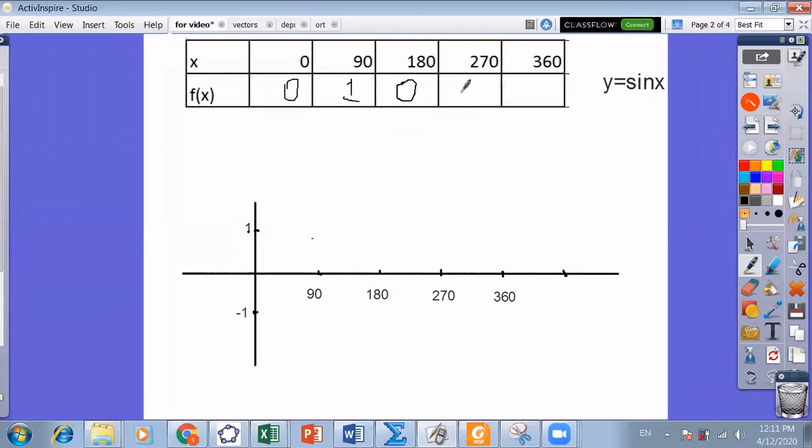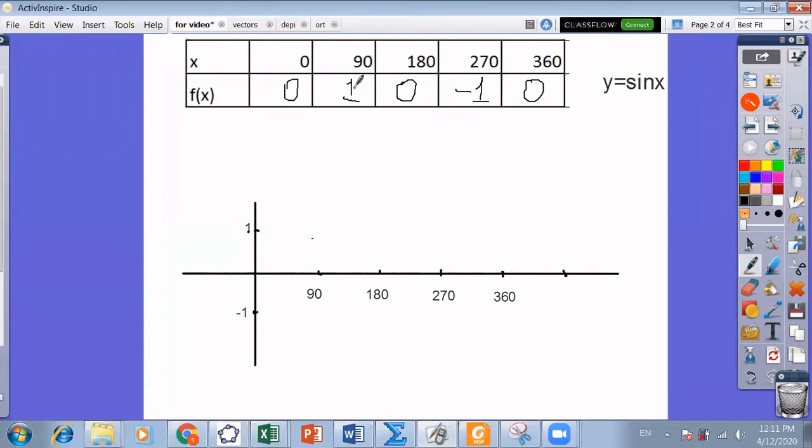It's 0. And this is 1. And the last one, 360. This is the same as this 0 because it has already made one rotation. So it's again 0. Now, as you see, we have filled this table.